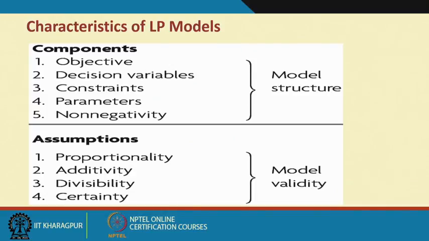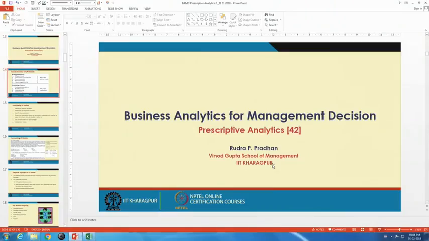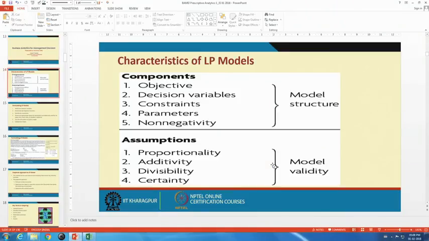So, if you summarize, then we have a structure like objective, then the decision variables, constraints, parameters, non-negativity. So, that is how the modeling structure is altogether. And in fact, let me give you the structure here.